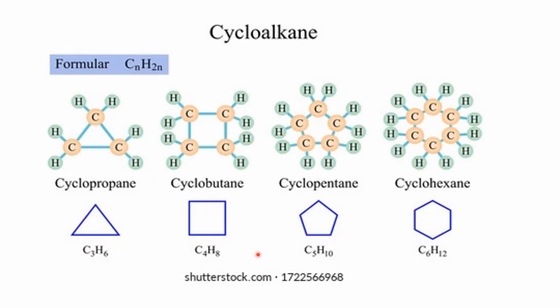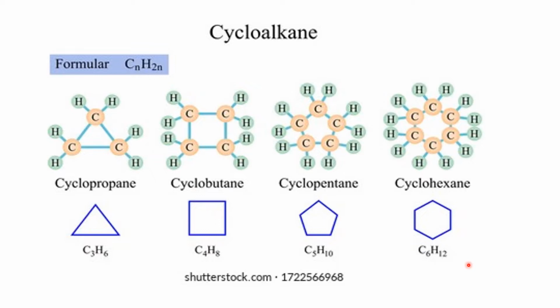But when we observe these cycloalkanes, none of these compounds have a bond angle of 109 degree 28 minutes. That means all these cycloalkanes are deviating from the tetrahedral bond angle.